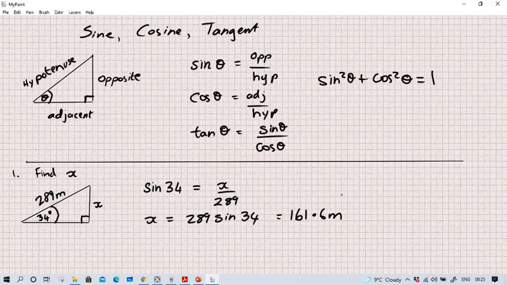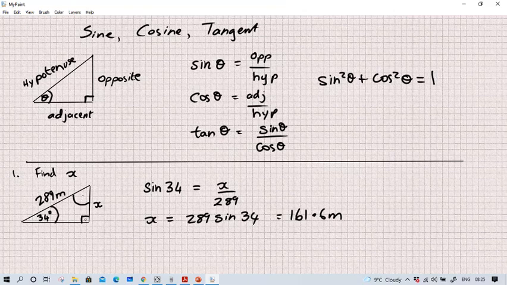Now, if we knew the other angle in this triangle, I'll just switch to this angle here. We could also use this angle if we had cosine. Cosine is the adjacent over the hypotenuse. The sum of all angles in any triangle is always 180.